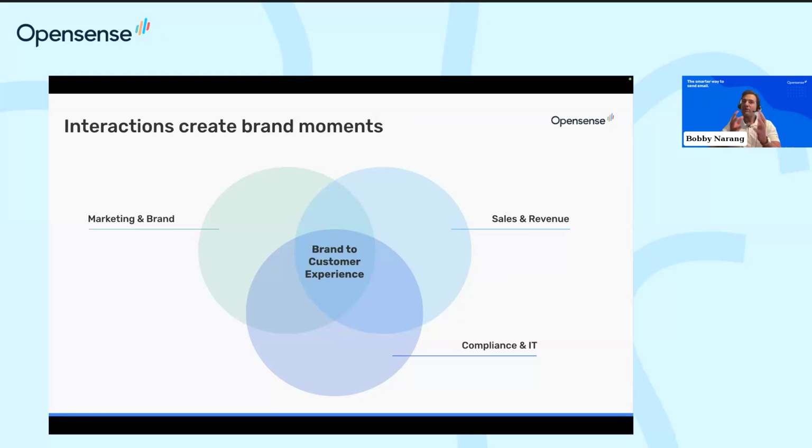So that's an example where an interaction can have either a really negative brand moment and ultimately business outcome, or alternatively, a more positive brand moment and outcome as it pertains to customers.